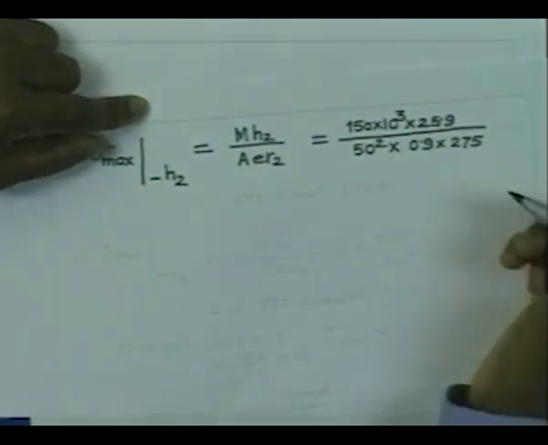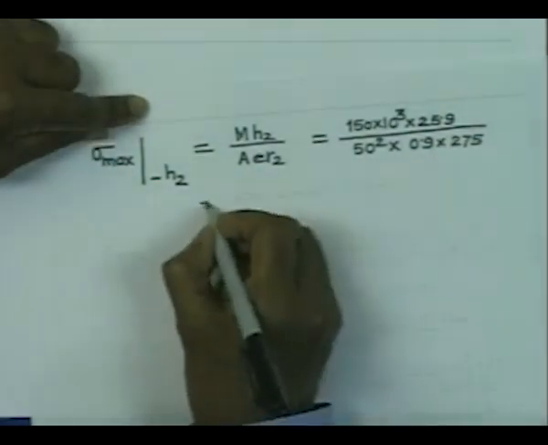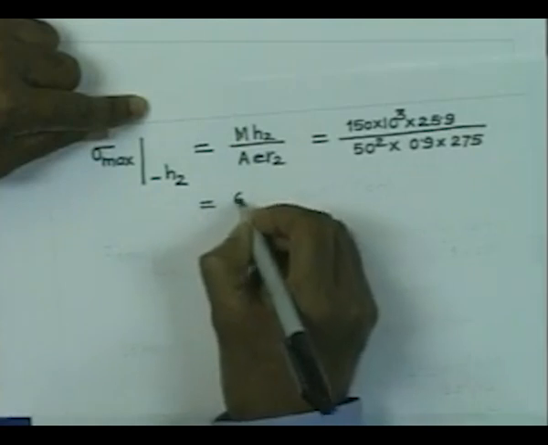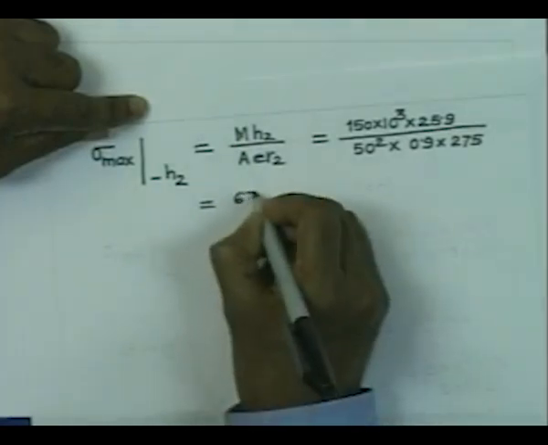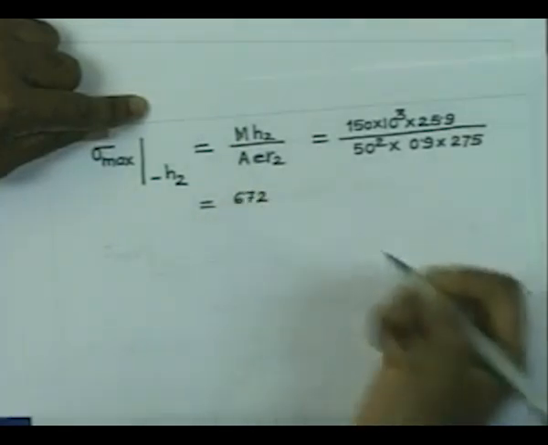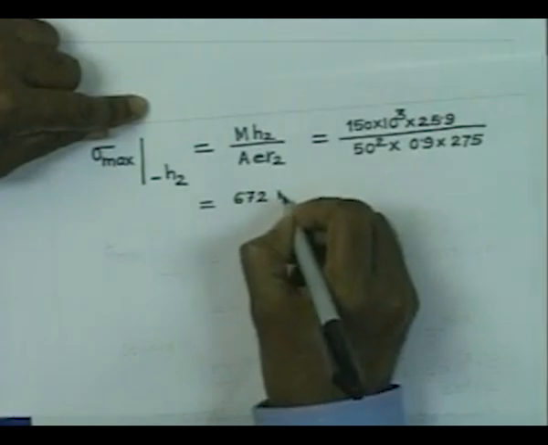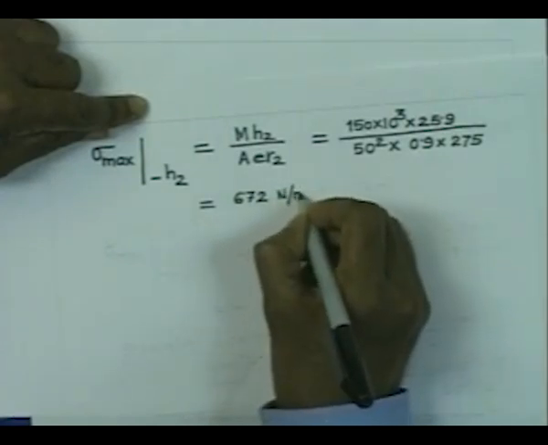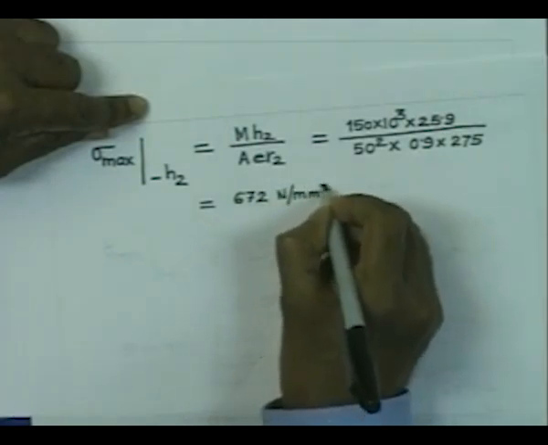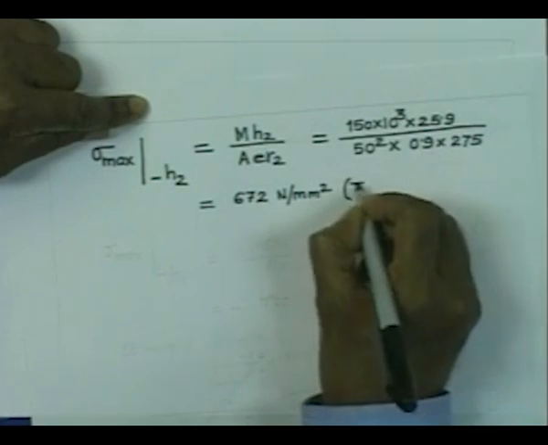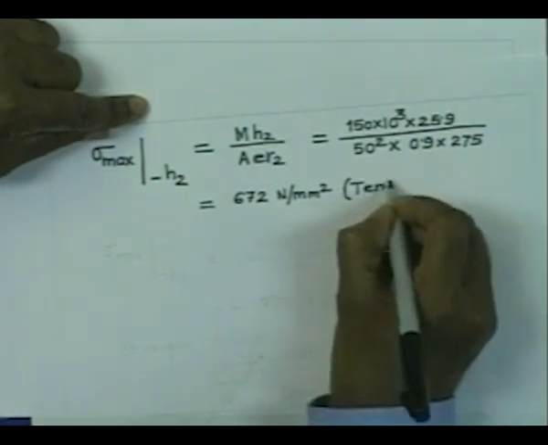So, if you calculate this, it comes out to be 6.72 Newton per millimeter square, and this stress is tensile.